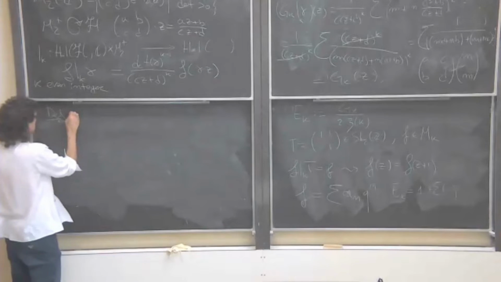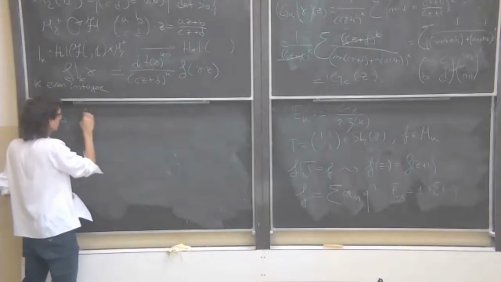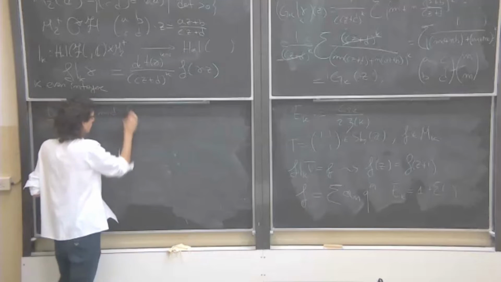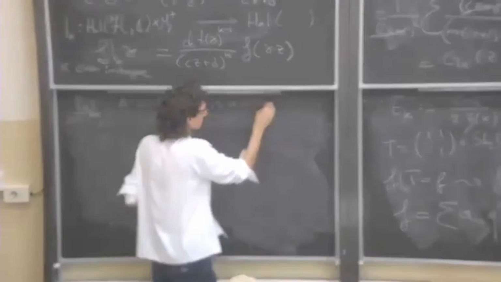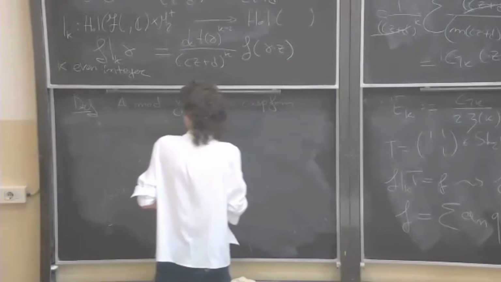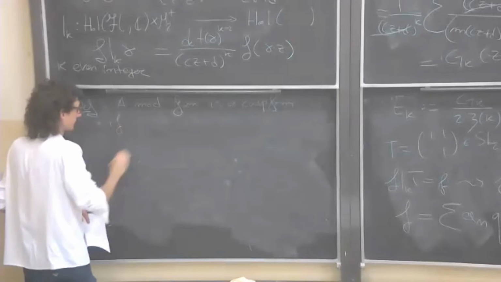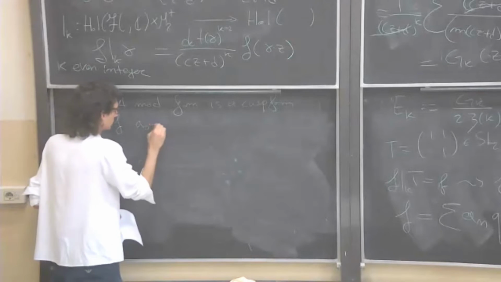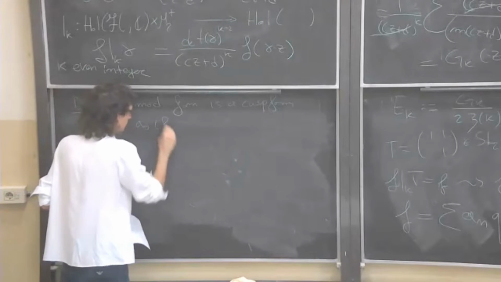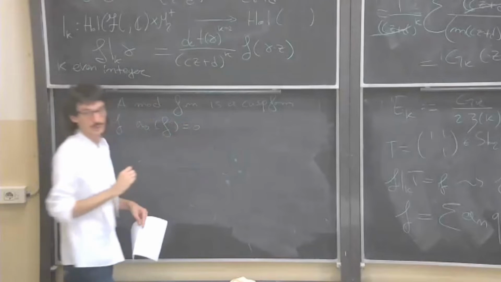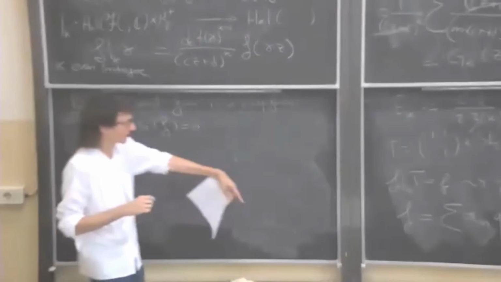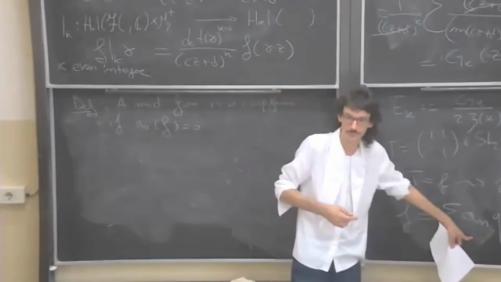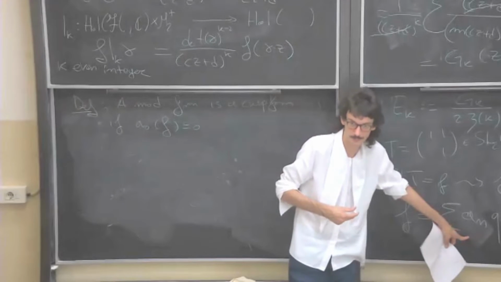So, definition: a modular form is a cusp form if a_0 of f is equal to 0. So modular forms whose first Fourier coefficient is 0 are called cusp forms.